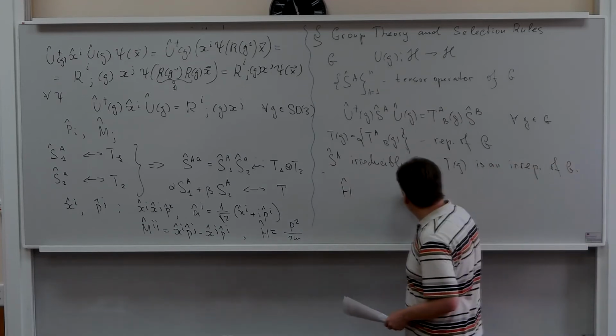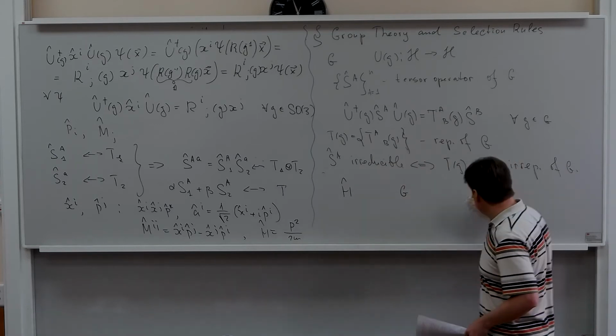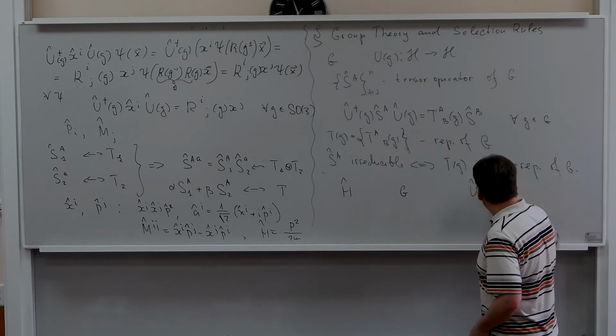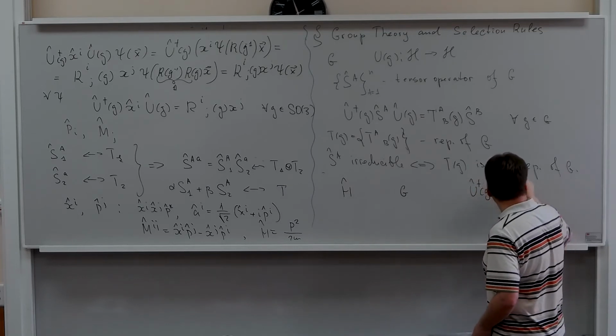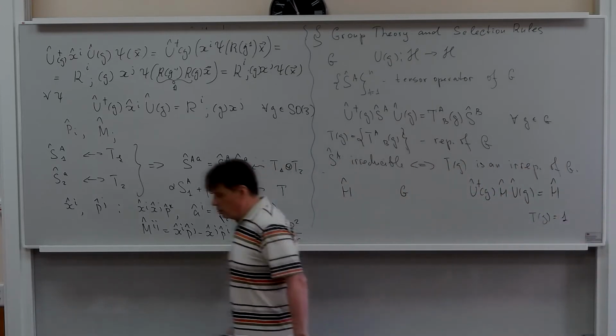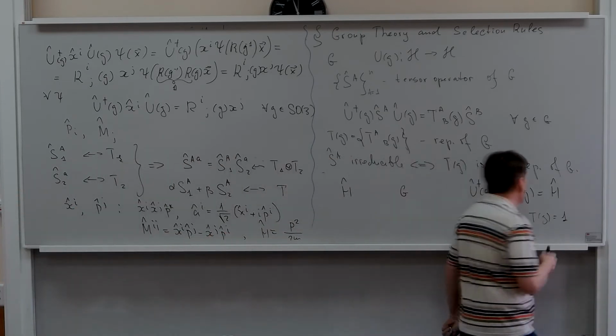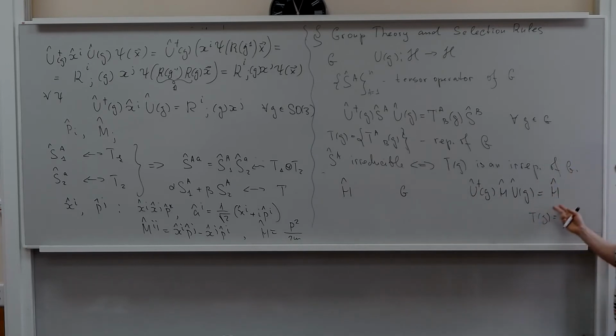If G is a symmetry group of the operator H, then by definition of symmetry, U H U inverse must equal H. But this means that T of g is given by the unit. So we can think of each Hamiltonian as a tensor operator of its symmetry group. It is an irreducible operator because here we have a one-dimensional representation, and a one-dimensional representation is always irreducible.